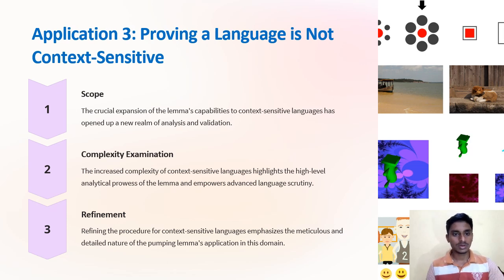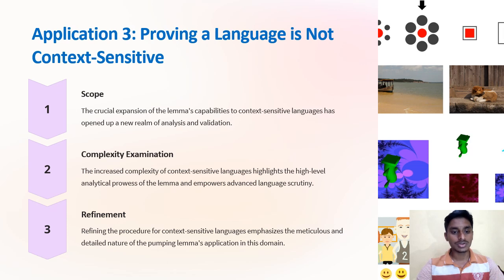Now let's go to the application: proving a language is not context sensitive. The first one is the scope: the crucial expansion of the lemma's capabilities to context sensitive languages has opened up new realms of analysis and validation.